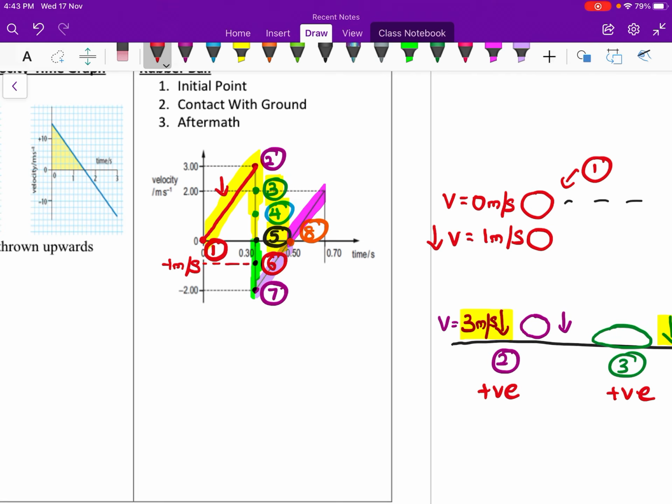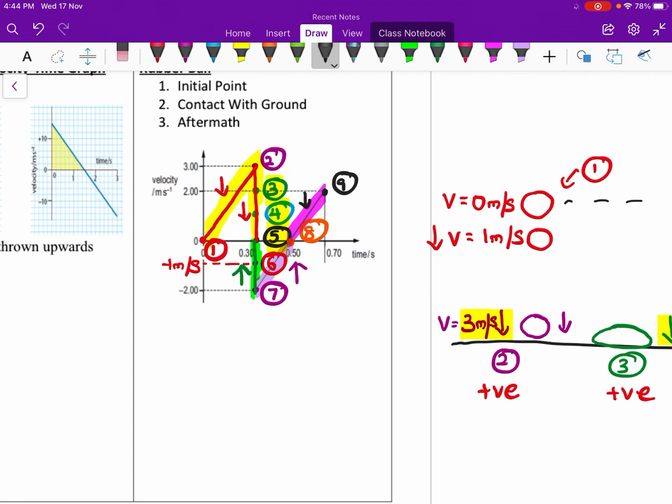From point number 2 to point number 5, I'll label it in red color, my direction of the velocity is still downwards. From point number 5 to point number 7, right here, my velocity is gaining in the upward direction. From point number 7 to point number 8, I'm also moving in the upward direction. After that, from point number 8, let's call this point number 9, I'm moving in the downward direction.